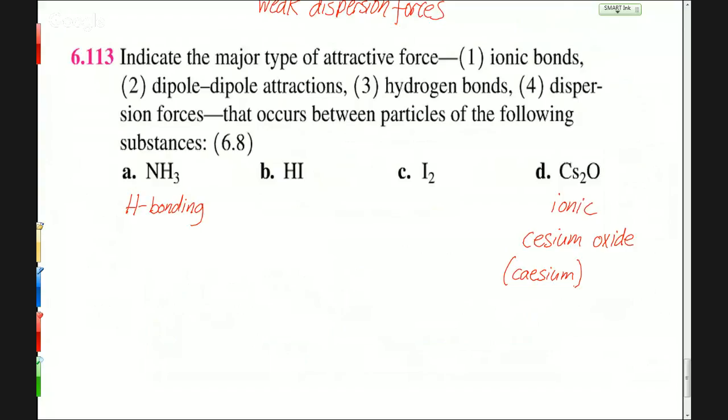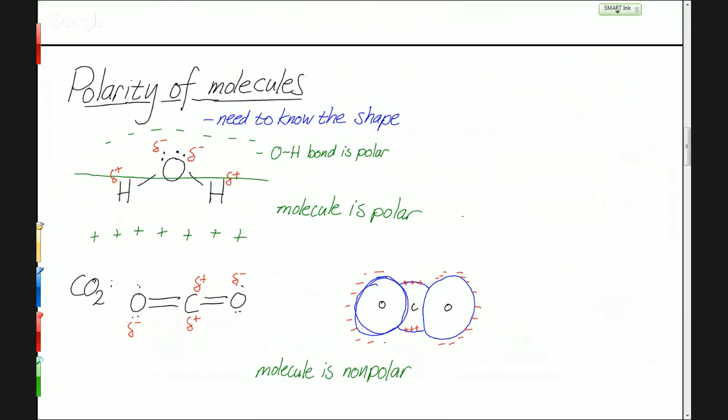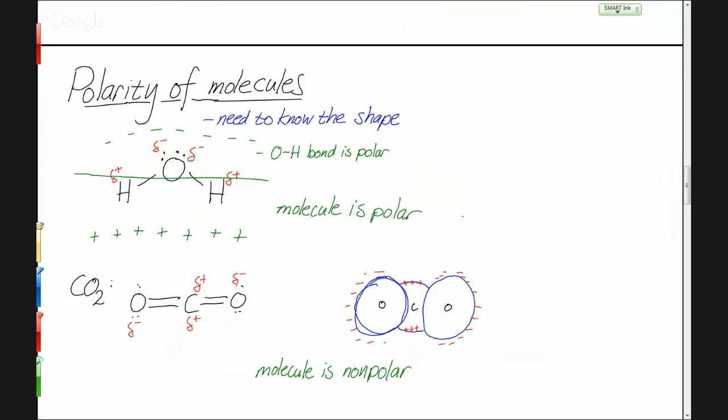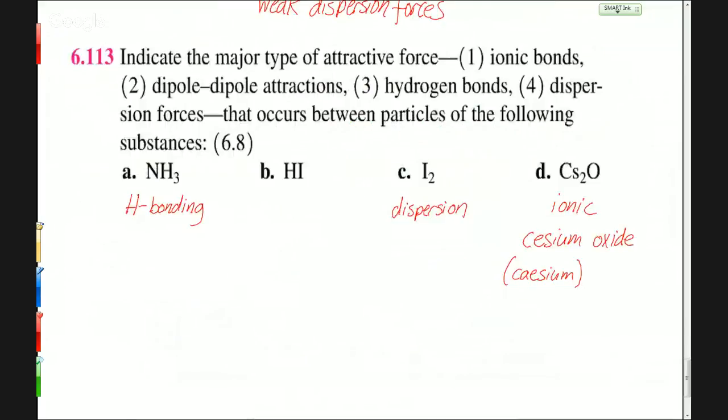Yeah, well, C certainly is nonpolar, because if you have 2 iodine atoms, there can't be any difference in where the electrons are there. For HI, we better go back and check that chart. And so, yeah, we see 2.1 to 2.5. That's not much of a difference. So that one should also be dispersion forces.